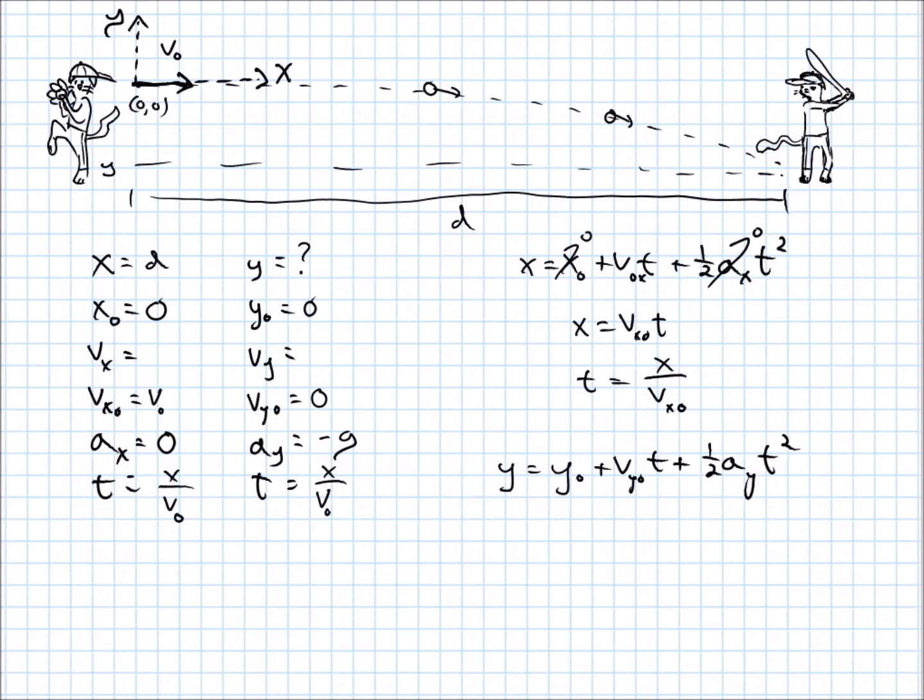Now let's see, we're going to go ahead and zero out vy initial and y initial. And plug in t. And now just to match the initial things given, I believe I said that x final was d, that distance, and ay is negative g.